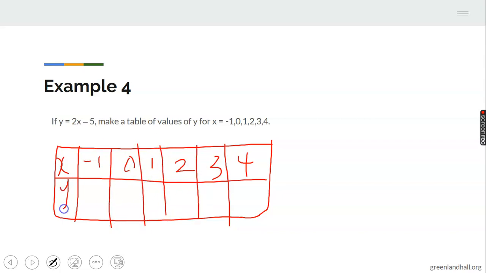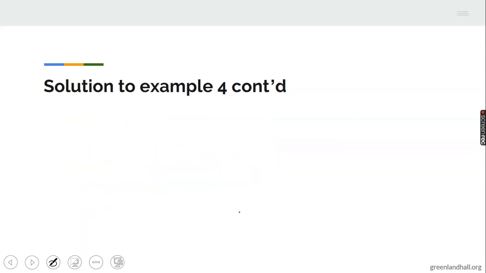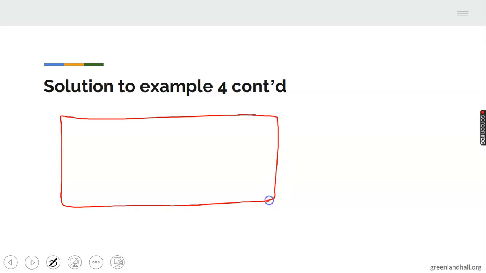And this is y. So when x is minus 1, I'm going to have minus 7. When x is 0, minus 5. When x is 1, minus 3. When x is 2, minus 1. When x is 3, 1. When x is 4, 3. That's all.